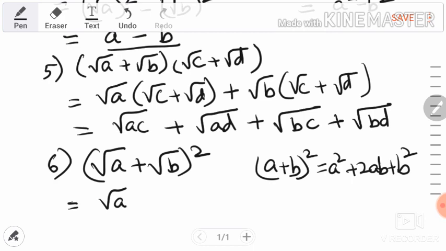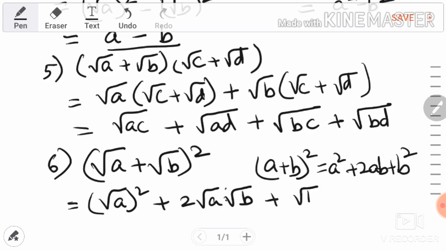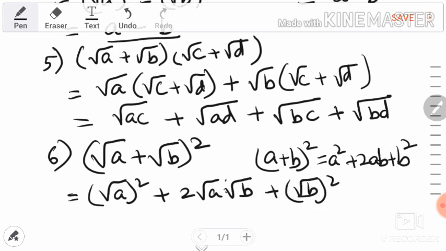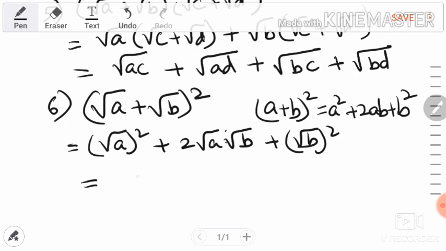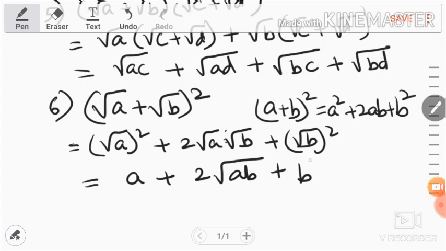So root a square plus 2 root a root b plus root b square. Root a square is a. This is 2 times root ab plus b.